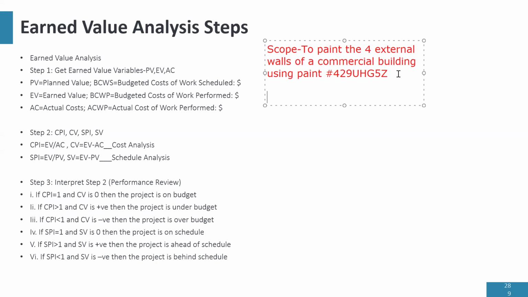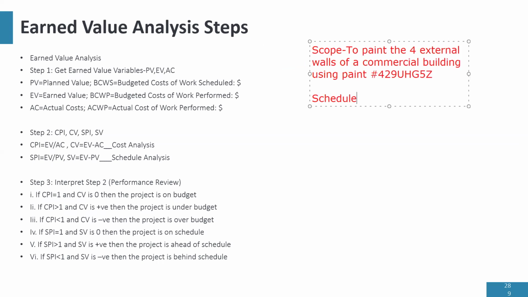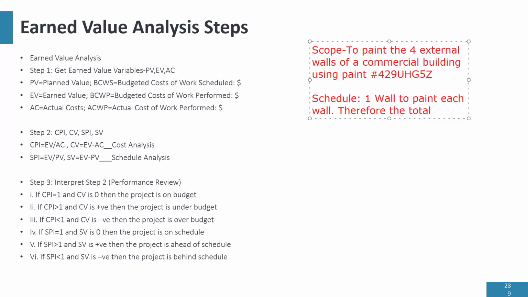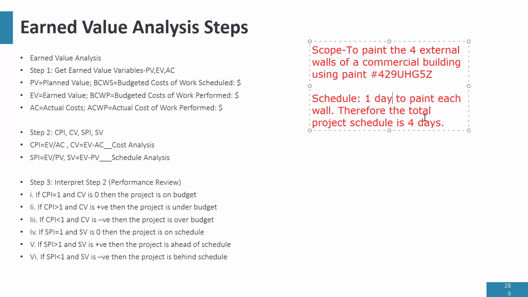Now, the time schedule. It's going to take 1 day to paint each wall. Therefore, the total project schedule is what? 4 days. Sorry, I said 1 wall, 1 day to paint each wall. And let's go to cost.